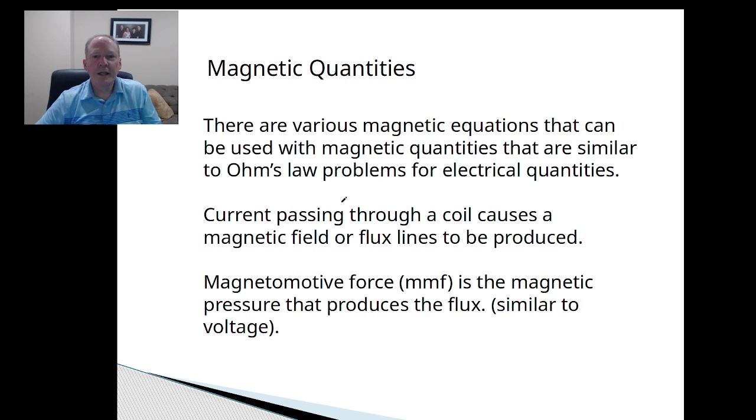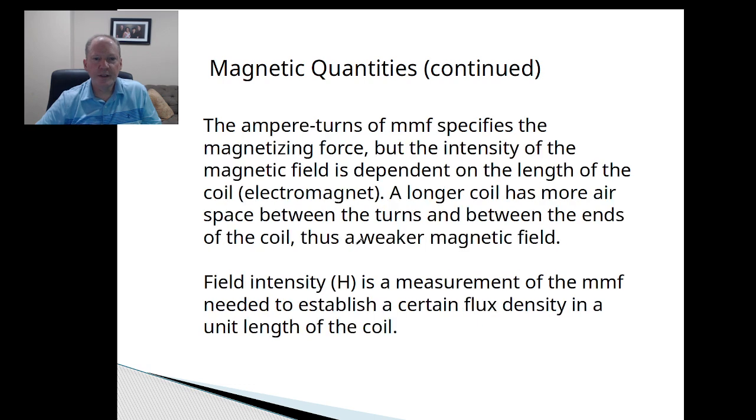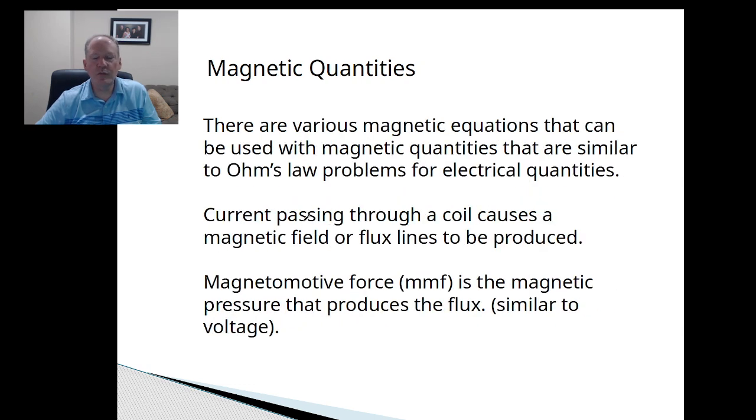All right. Now, the current passing through a coil also creates a magnetic field, and we'll explore this more when we look at the capacitor and the inductor in a couple weeks. And remember, the magnetomotive force is similar to voltage.